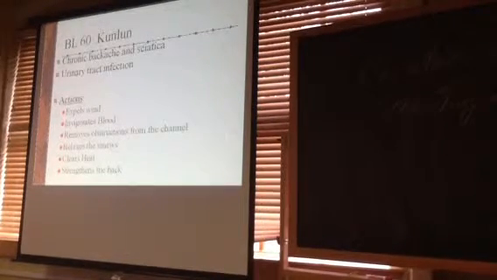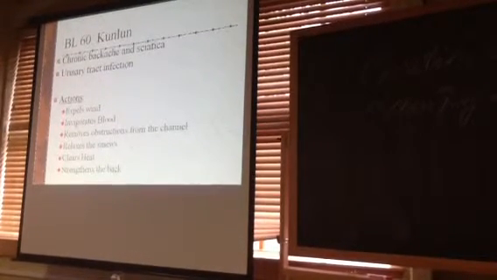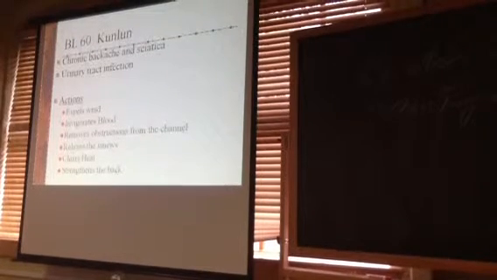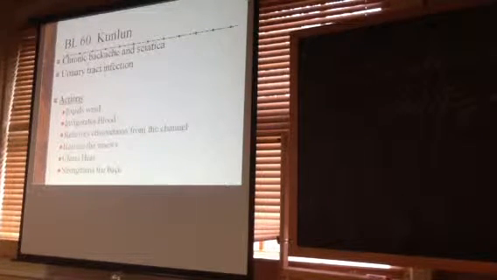LI4, very good. GB20, very good. Gallbladder 20, those kinds of points, wind and exterior, right? And LI4, another point on the arm. Lung 7. You can use lung 7, but even better than lung 7, Sanjiao 5, very good.